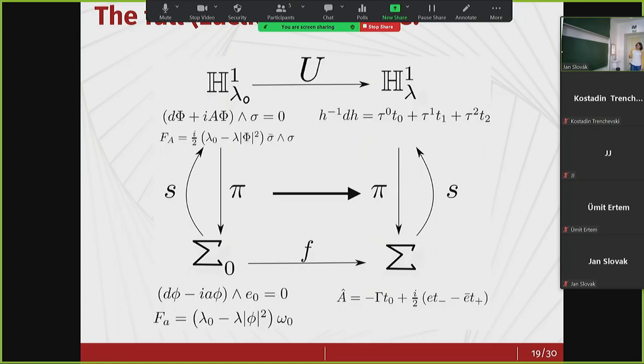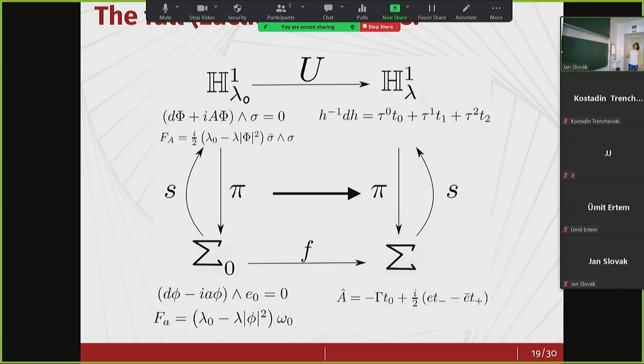And then I explained to you that there is a geometrical relation of this connection: if you take the Maurer-Cartan connection here and pull it back via this section, you recover these flat connections.